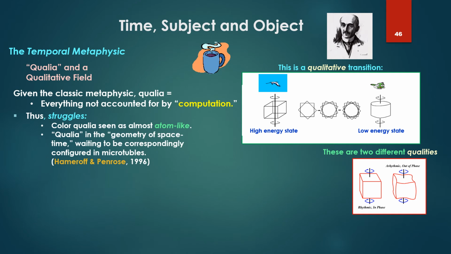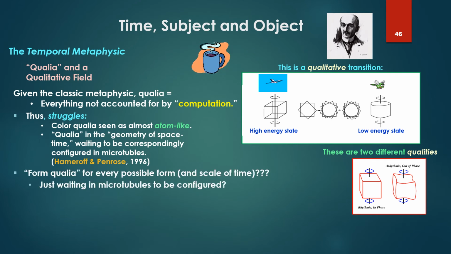Thus, there are struggles. Color qualia is seen by people like Hameroff and Penrose as almost atom-like, little atoms. Qualia, to quote, are in the geometry of space-time, waiting to be correspondingly configured in microtubules. So somehow these are like little atoms sitting in microtubules waiting to be correspondingly configured relative to what's in the outside world.